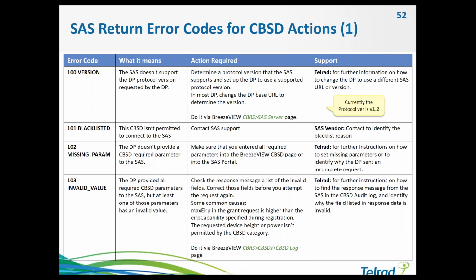Maybe someone forgot to configure something and they will reject it. Sometimes in the rejection message, the SAS says the missing parameter is, I don't know, longitude. If the parameter is invalid because it's out of range or something, they will reject it with the parameters.